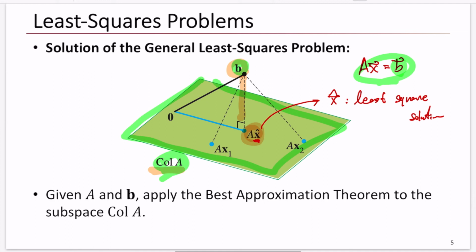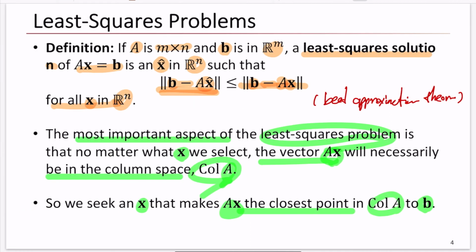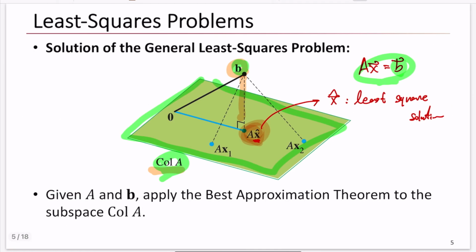In this case, the length of b minus A x hat is the minimum compared to the length of b minus Ax for any vector x. That's a least squares solution. The solution of the general least squares problem. So in other words, we have to find this x hat.